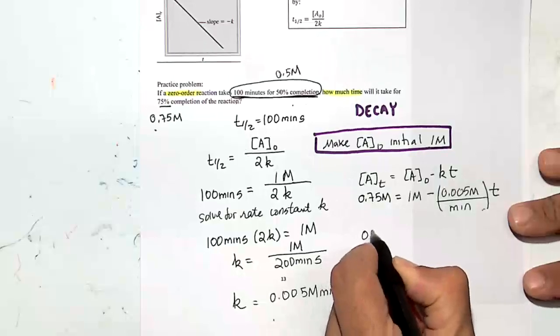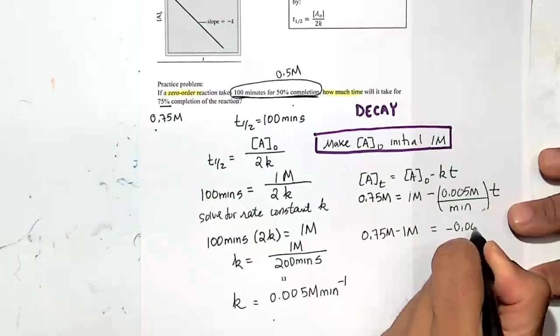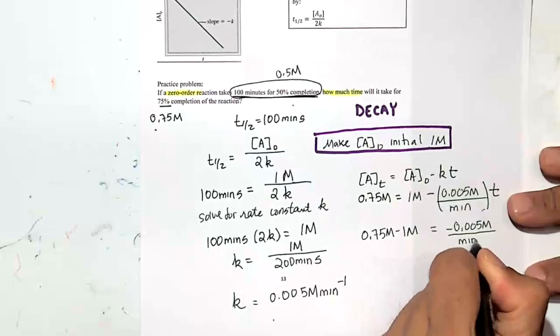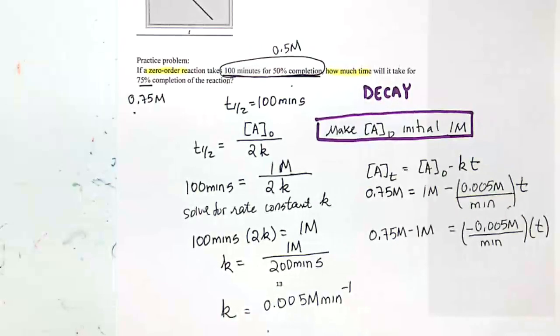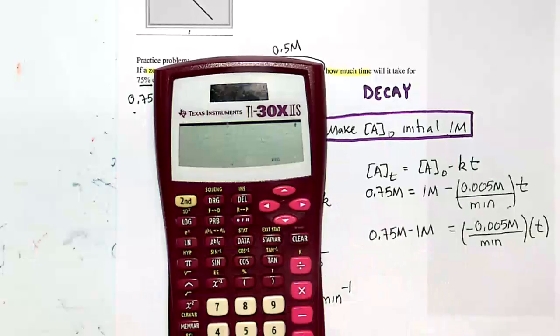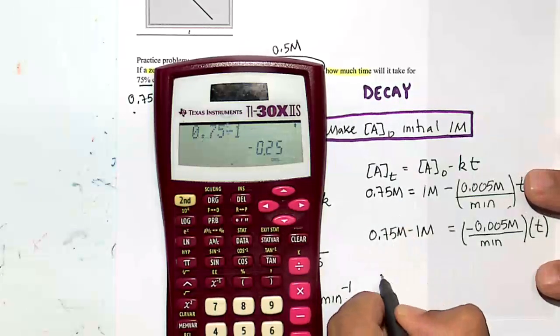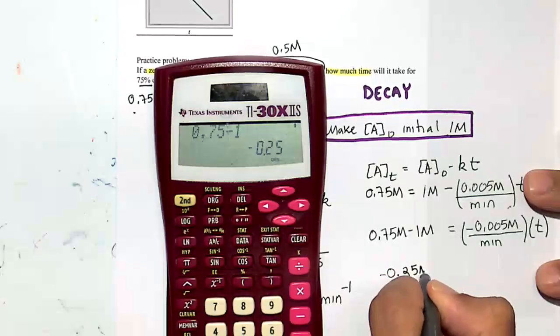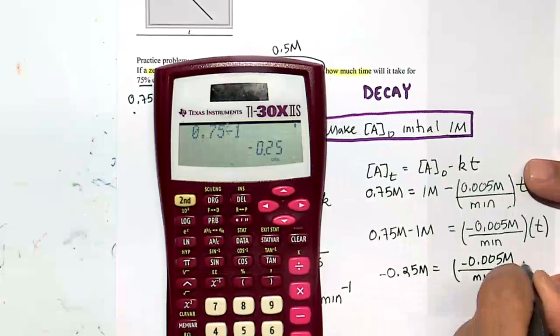So 0.75 M minus 1 M equals minus 0.005 M per minute times T. 0.75 M minus 1 M is minus 0.25 M, moles per liter, equals minus 0.005 M per minute times T.